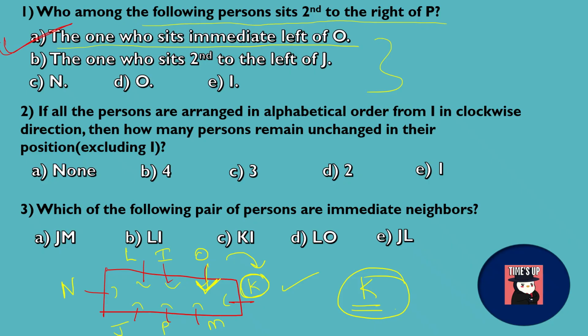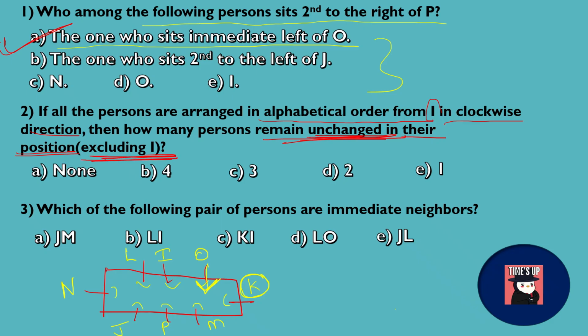Second question. If all the persons are arranged in alphabetical order from I in the clockwise direction, meaning this direction, then how many persons remain unchanged in their positions excluding I?